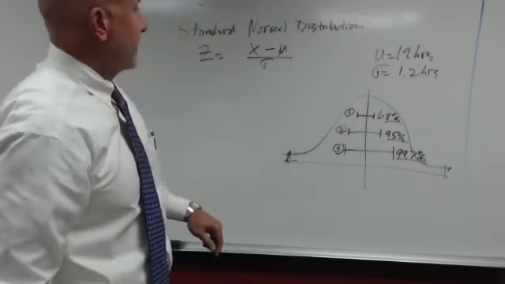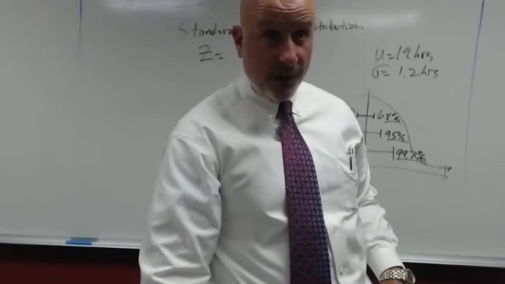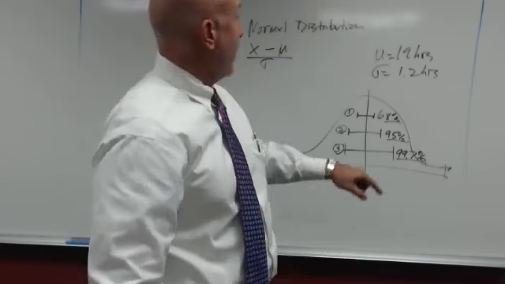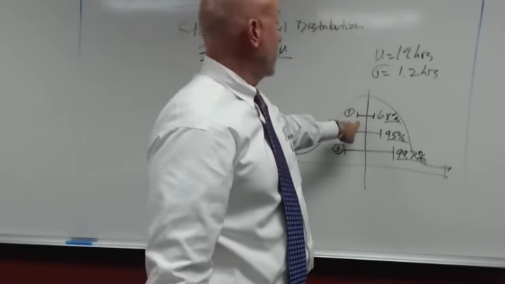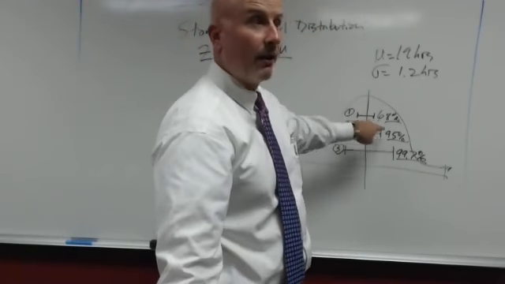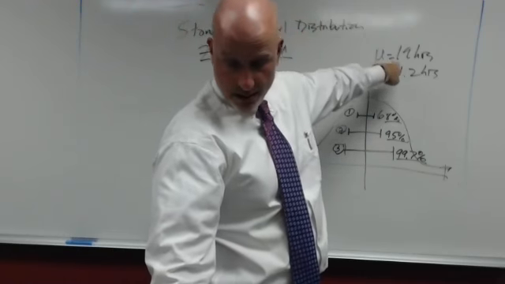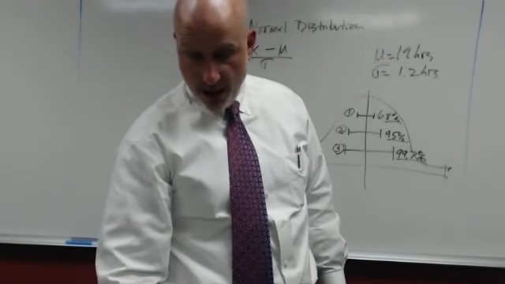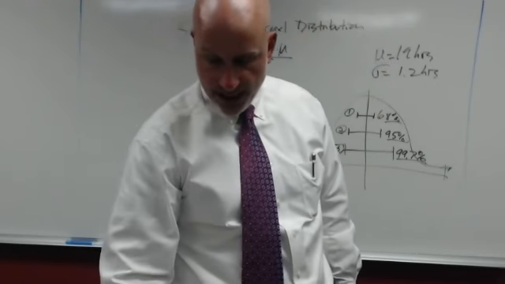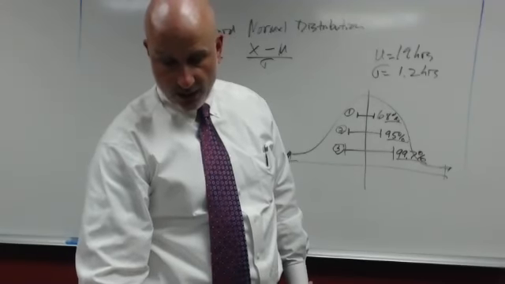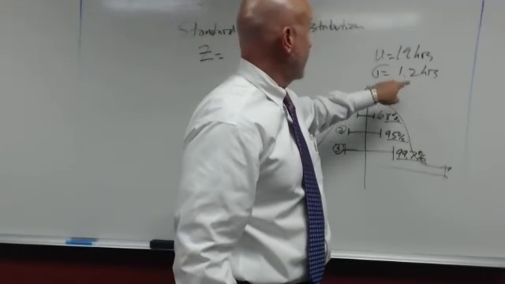Okay, so the first way to look at this, it says about 68% of the batteries fall between what two values? We know that 68% of the batteries are going to fall within one standard deviation of the mean. Your mean is 19 hours. So 68% of the batteries will fail between 17.8 and 20.2 hours.